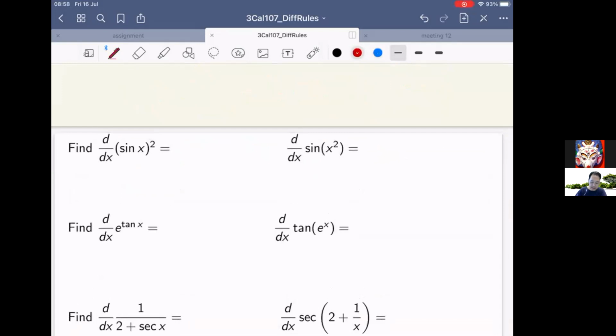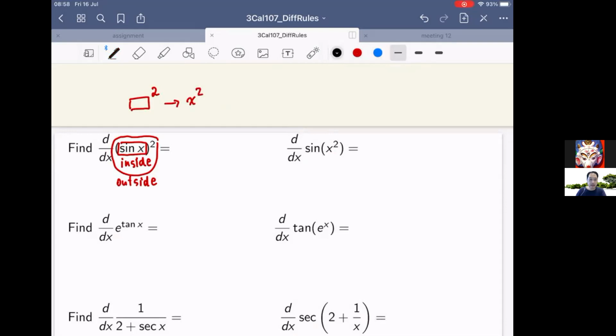Here is the one inside, and the whole thing is the outside, right? So it seems that you have the inside squared, is it? So what is the derivative of that x squared? You just regard it as x squared.